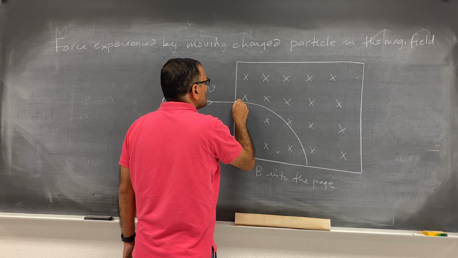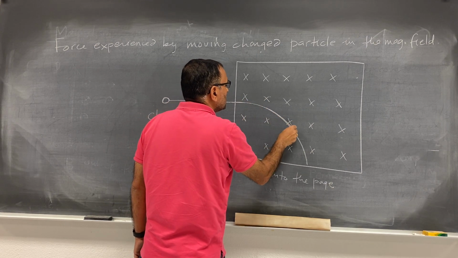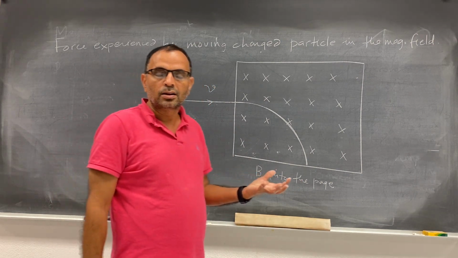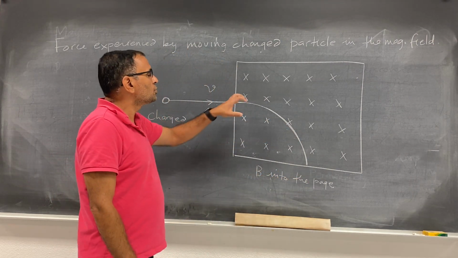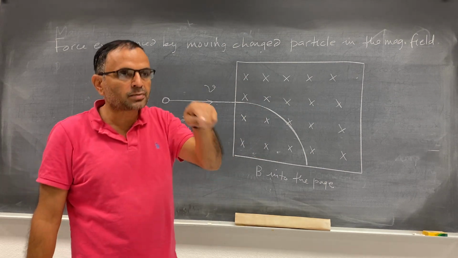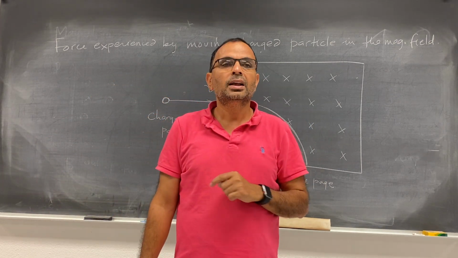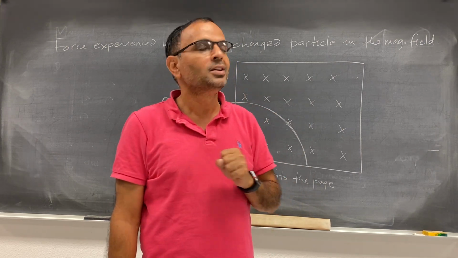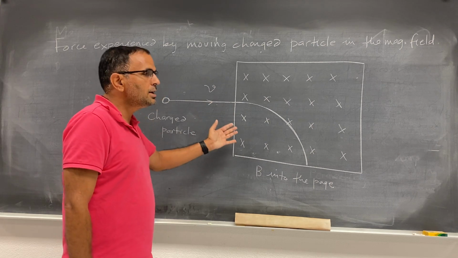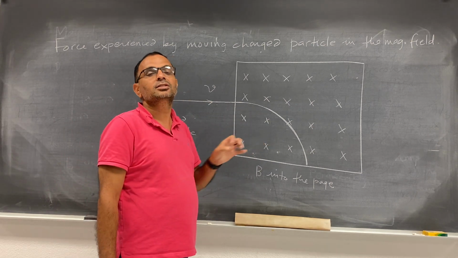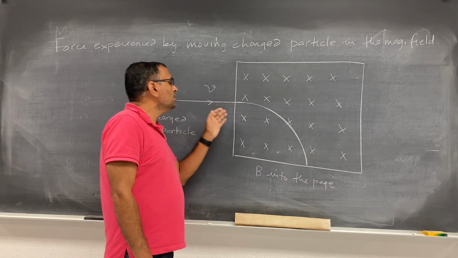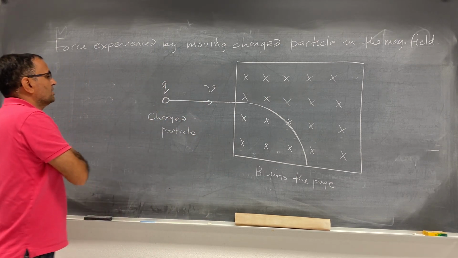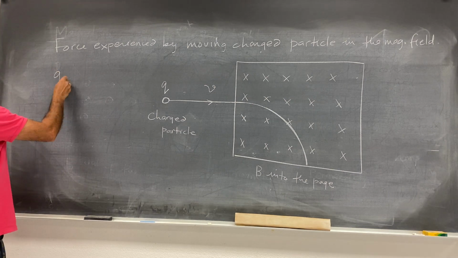So the magnetic force makes the charged particle move in a circular path. If the particle is moving in a circular path, there must be a centripetal force. So here the magnetic force acts as a centripetal force. And for the magnetic force experienced by the charged particle, let us suppose Q is the charge.